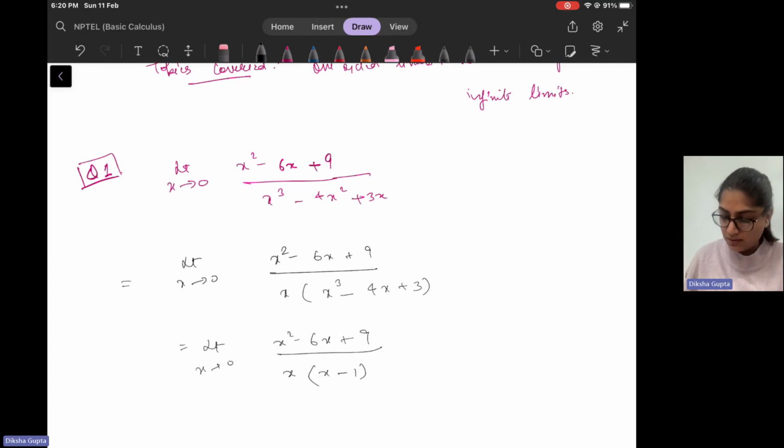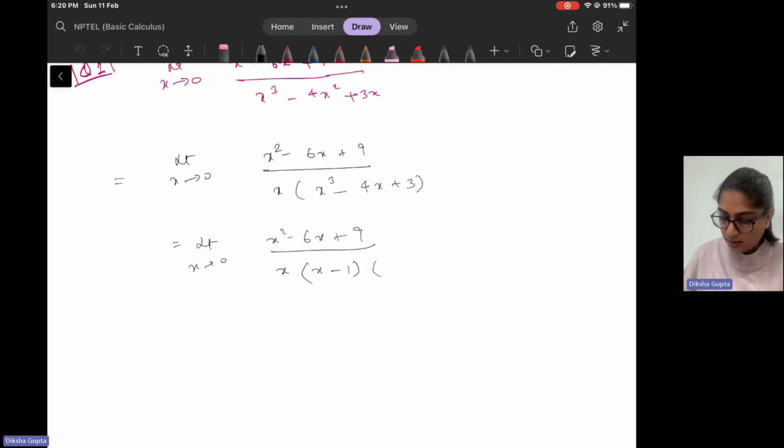This denominator is x minus 1 times x minus 3, and even the numerator factorizes, so you can see that x minus 3 is the common root. So if you had to find the limit x tending to 3, that would have been finite, because that factor is eliminated from the numerator and the denominator.